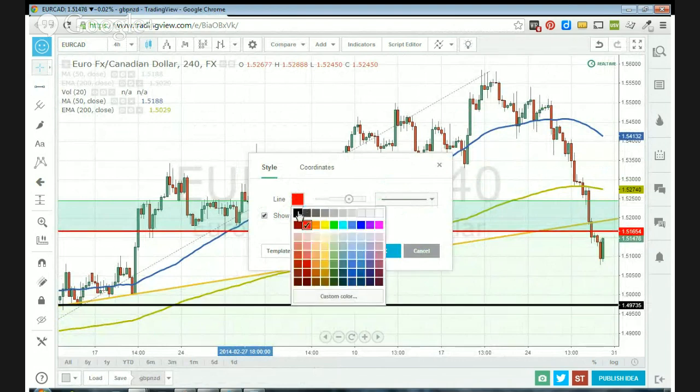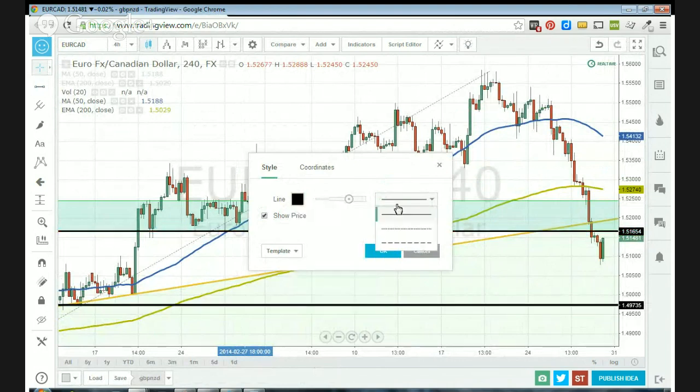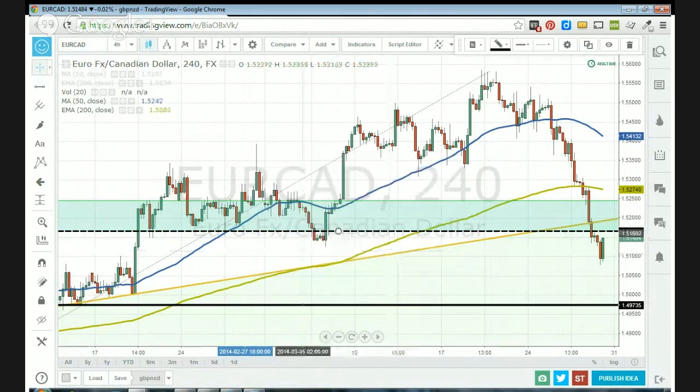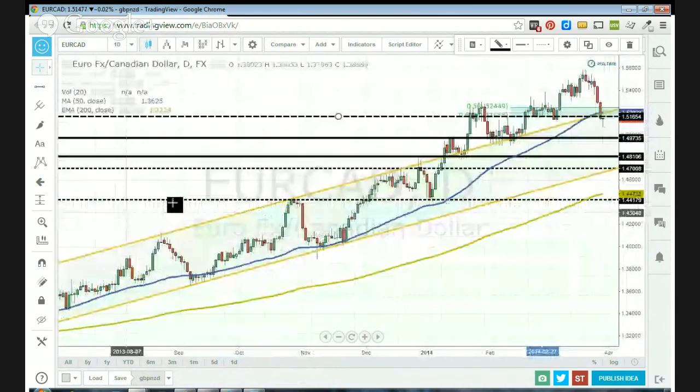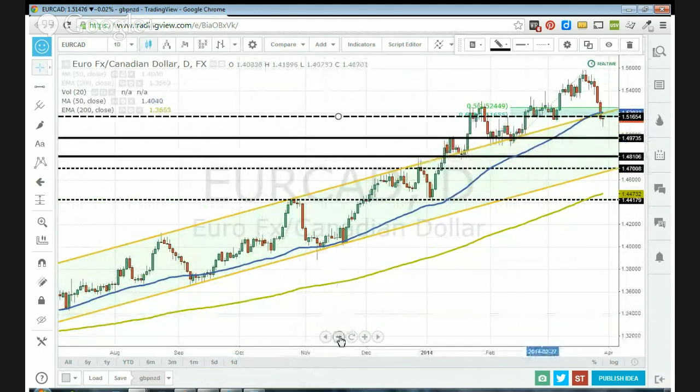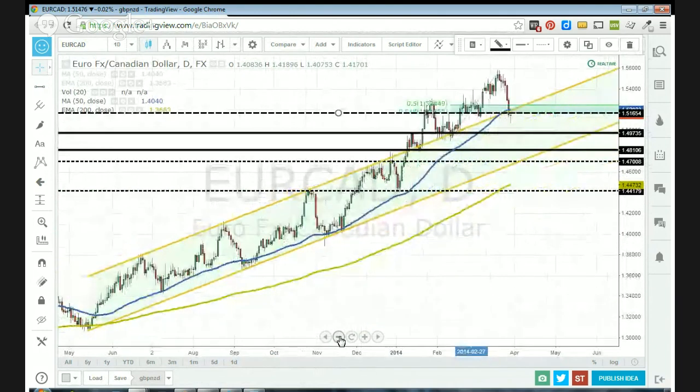Make it black. Make it dashed. Okay, let's see if we zoom out a little bit on the daily. Zoom out here. Okay.